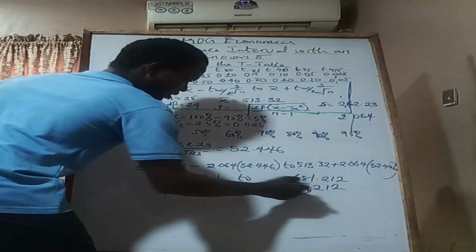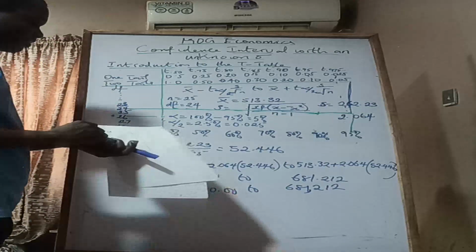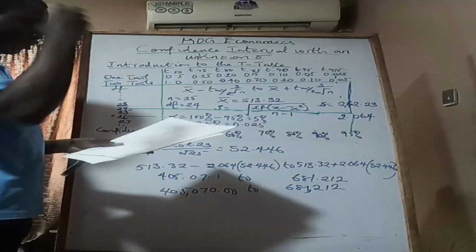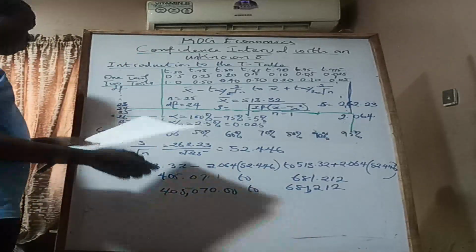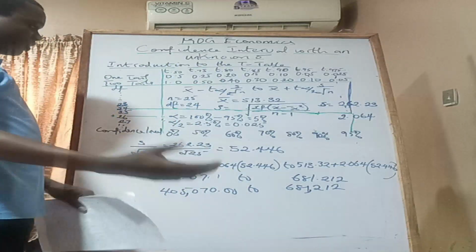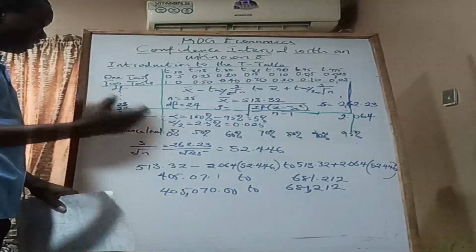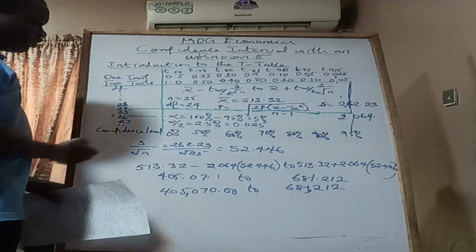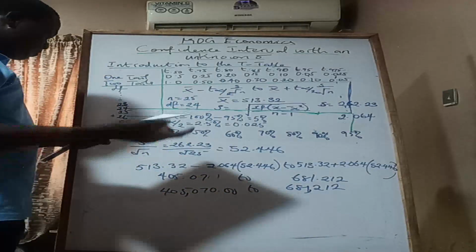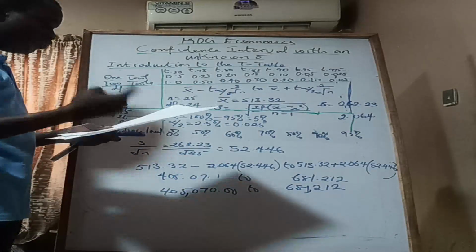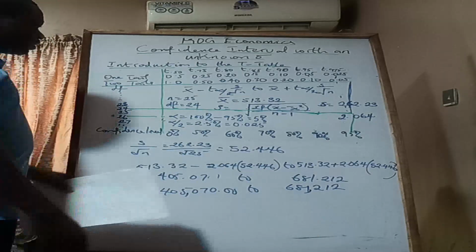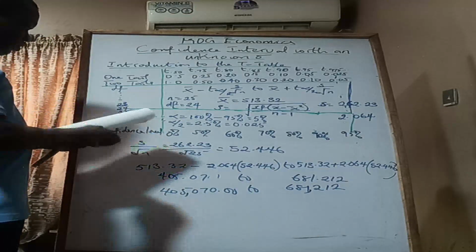So we are 95% confident that the average loss due to robbery incidents for all robbery offenses is between 405,070 and 618,212.